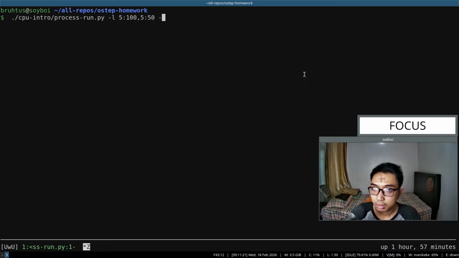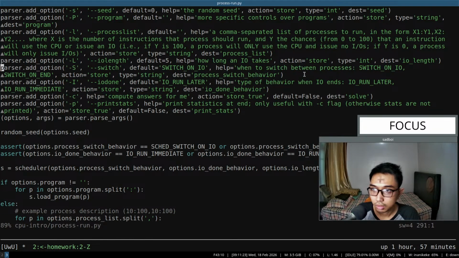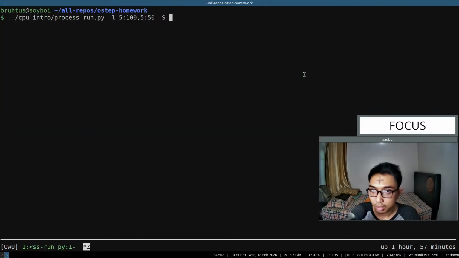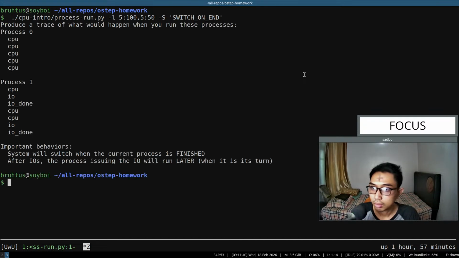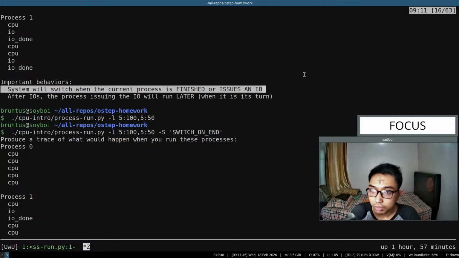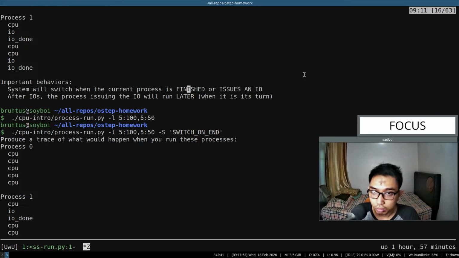Now let's try using S. What is the default, switch on IO? Okay, let's try maybe something like this. Switch on end. System will switch when the current process is finished or issue an input-output.